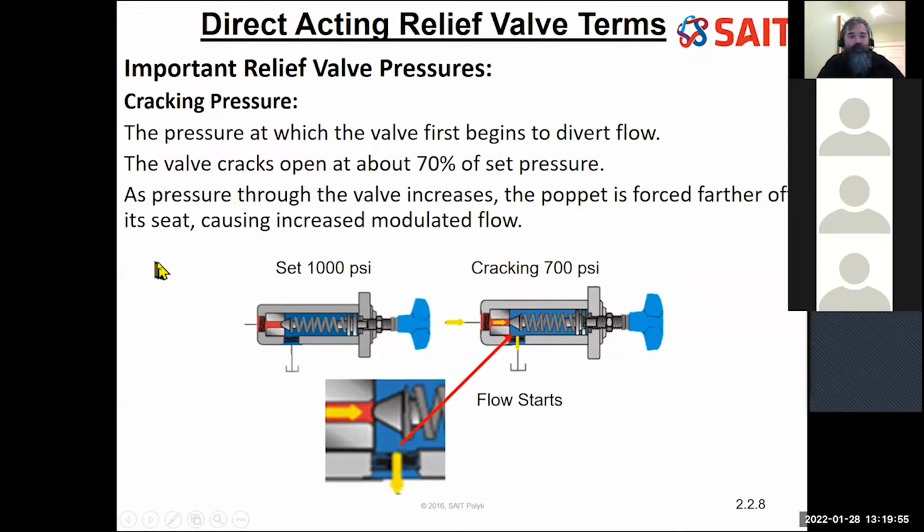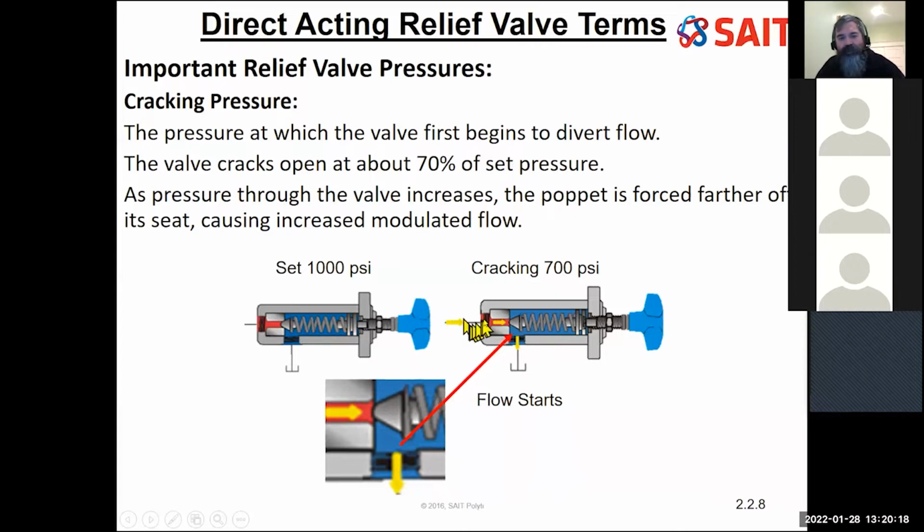So, important things to note: the cracking pressure. Here I've got my valve set to 1000 PSI. In reality, it's going to crack maybe at 600 to 700, 750 PSI, depending on how old it is and how good that spring is. It's going to crack open, and a little bit of fluid is going to start going through.